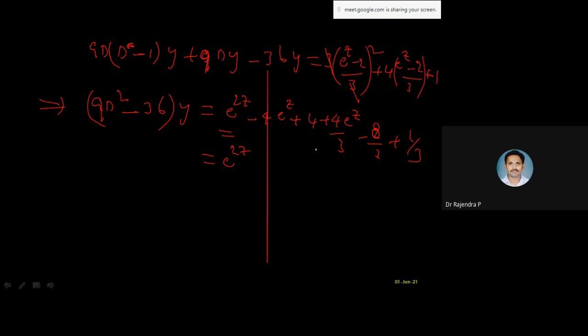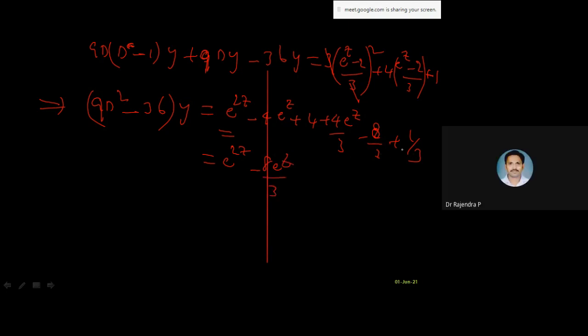Just do it on your own from your side also. Sir, minus 8 e power z. Which one, this one? No, sir. Minus 4 e power z plus 4 e power z by 3. By 3 is also there, right? Yes, sir. Minus 8 e power z by 3. Is there any other?